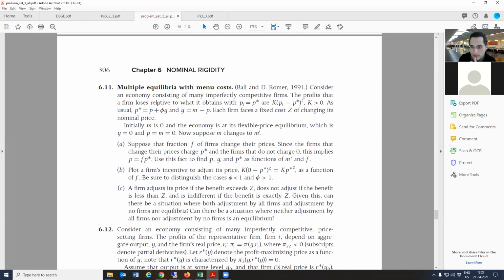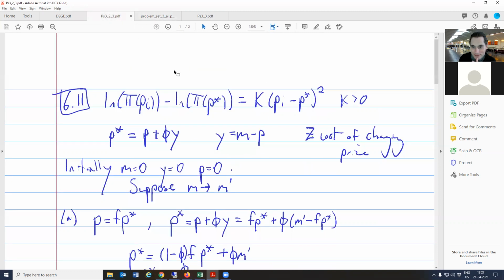If it sets its price equal to P star, it gets this profit. If it sets its price equal to P_i, it gets this profit. So here's the benefit, if you like, to changing your price. This is what the firm is facing.